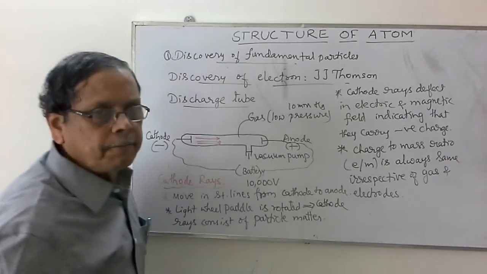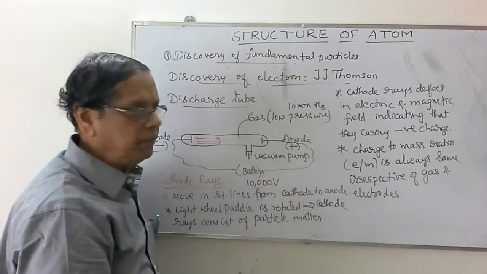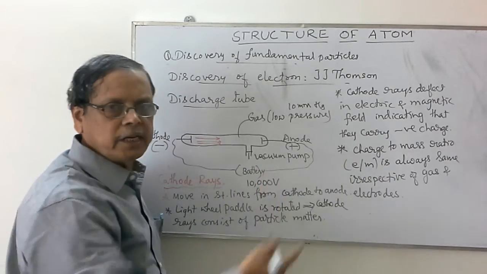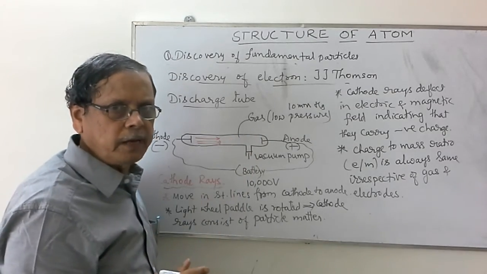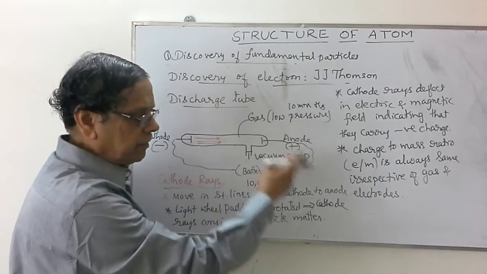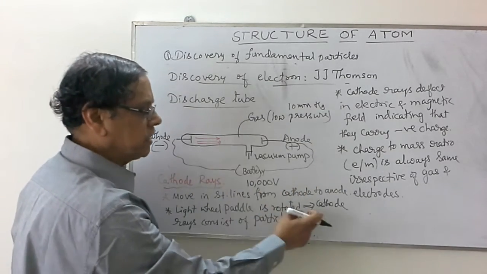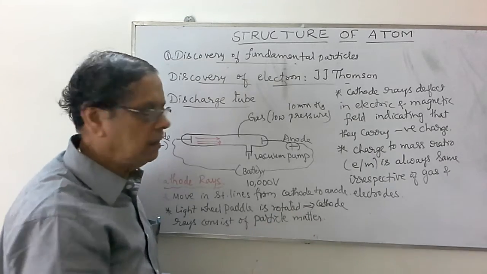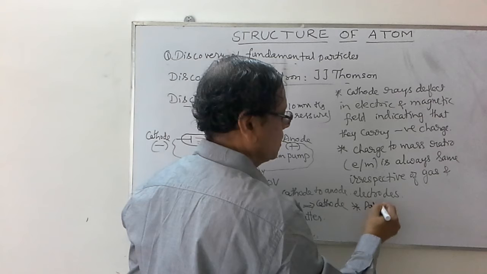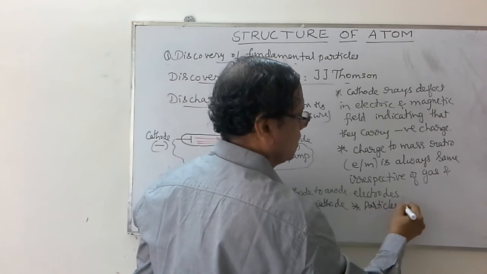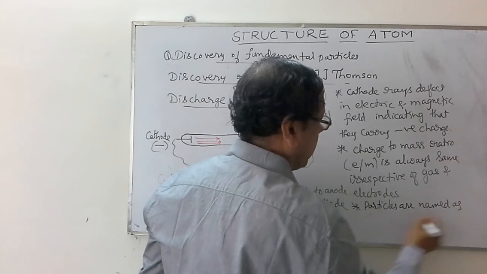For example, whether you use the hydrogen gas, that e by m value remains the same. e stands for the charge, m stands for the mass. If you change the gas, then also e by m will be same. That means all these gases are made of same particle, that is nothing but electrons. So the particles are named as electrons.